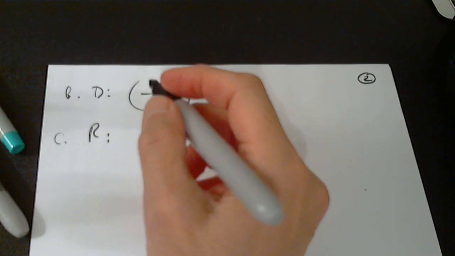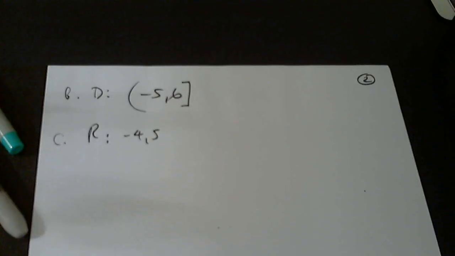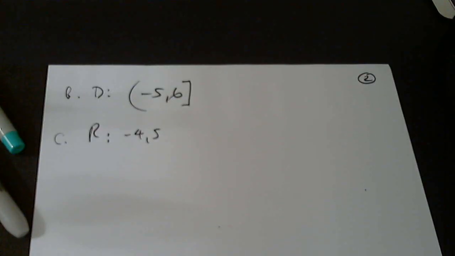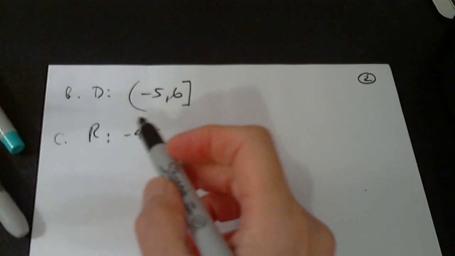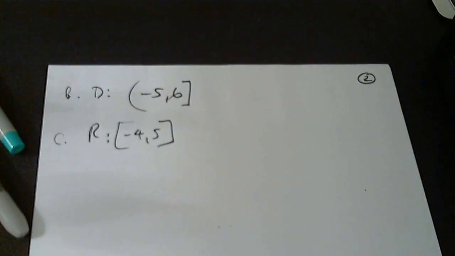Negative 4 to 5. That's it. What do I put at negative 4? What do I put at positive 5? Brackets on both sides, because the points exist. If it's an open point like here, then I have to use parentheses. But this point exists. There is no opening here.